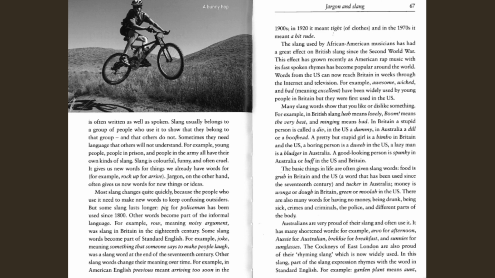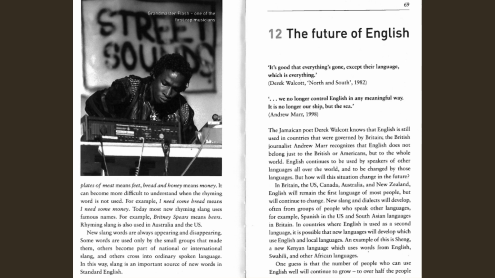The Cockneys of East London are also proud of their rhyming slang, which is now widely used. In this slang, part of the slang expression rhymes with the word in standard English. For example, garden plant means aunt, plates of meat means feet, bread and honey means money.